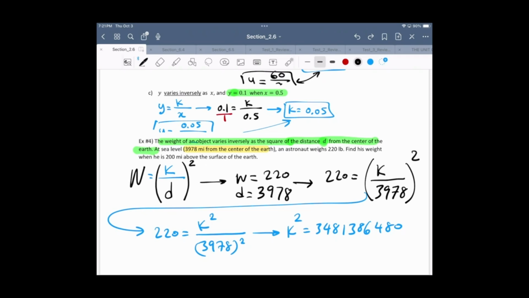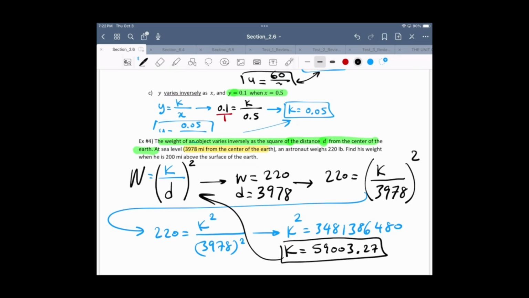As you know, when you take the square root, you end up with both plus or minus. So in this case, we just accept the positive. And so we have 59,003.27 as the constant of variation. So in this formula, we figured out what k is.